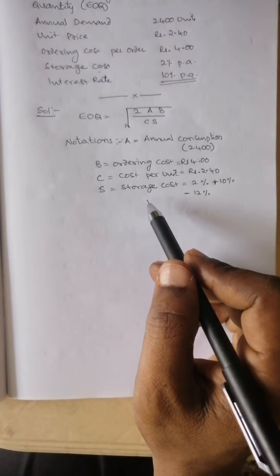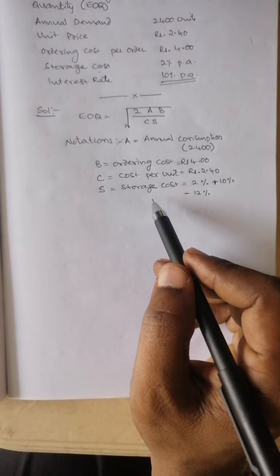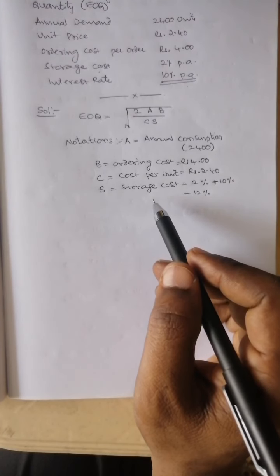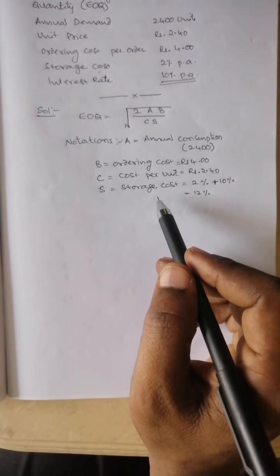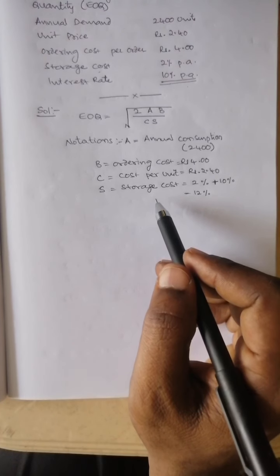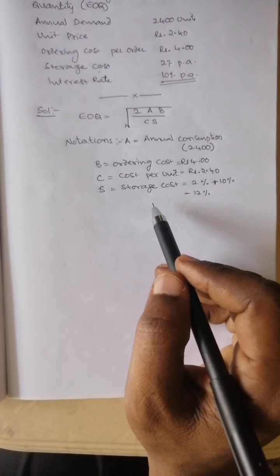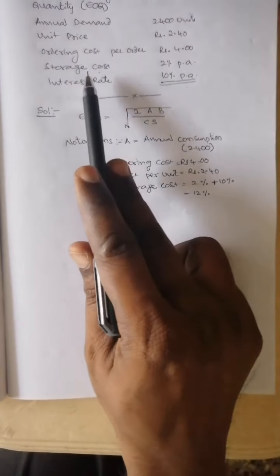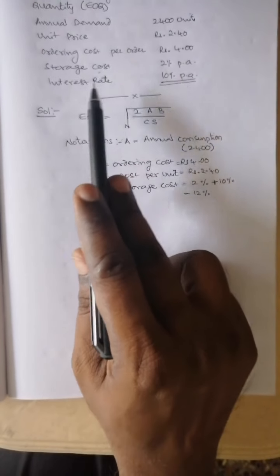Once the material reaches the company, it is stored in a warehouse where different types of costs are incurred, such as godown rent, salaries of the employees of the godown, and interest paid on the investment made on the material. So in this case, all expenses are shown in the form of storage cost, which is 2%.